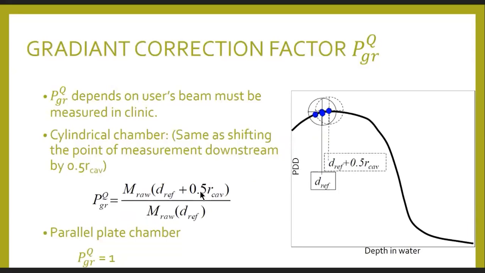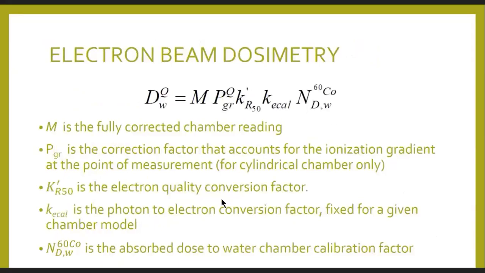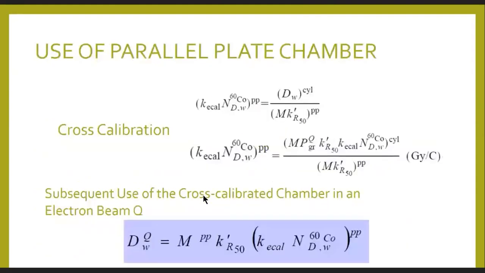You have to maintain the position of the chamber, the central point of measurement, at the reference depth, and then you do the gradient correction. Then we have the same formula, and we can correct for the chamber reading, similar to the correction we have in photon beams.